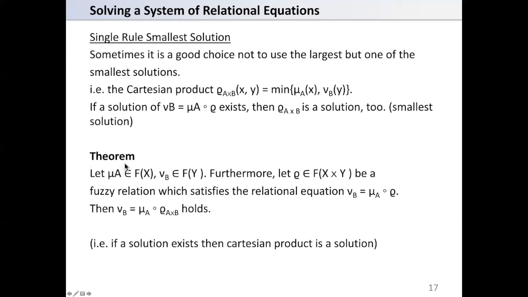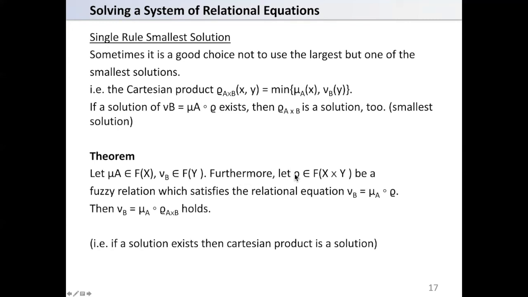We have a theorem saying: let membership on A be a fuzzy set and membership B on Y define another fuzzy set.